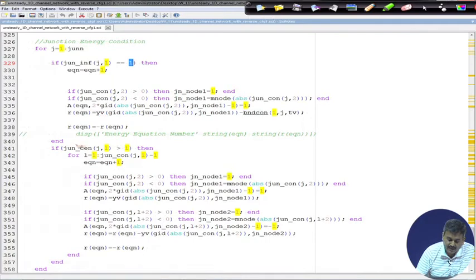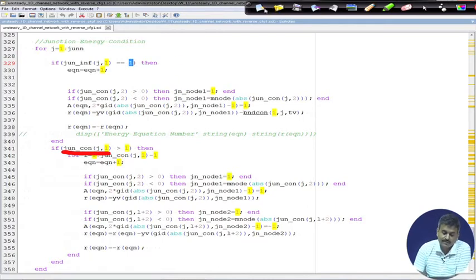Now, if this condition is not satisfied and in junction connectivity, the first column, we have more than one entry, that means, let us say for an internal junction we have 3 channels available, then we should write at least 2 energy conditions for that one.